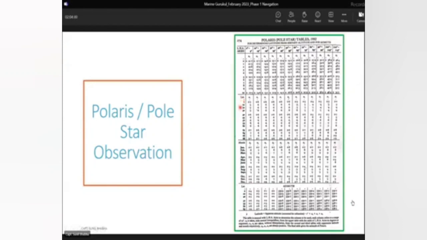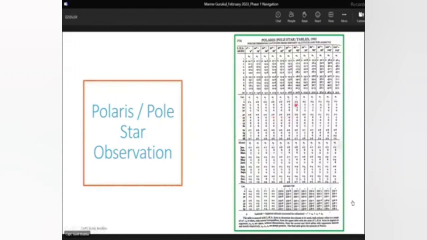So we enter with the latitude, and against the latitude closest to our DR lat, we pick up the A1 correction value here. The latitudes are given as 0, 10, 20, 30, 40, 45, 50 and so on. You can pick up the nearest value to your DR latitude.